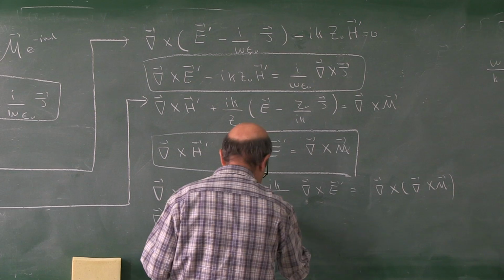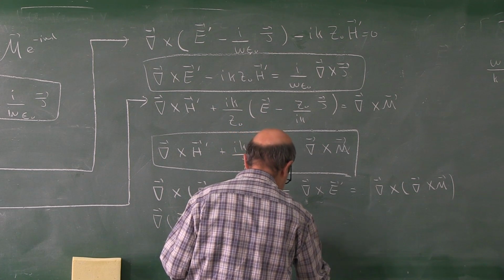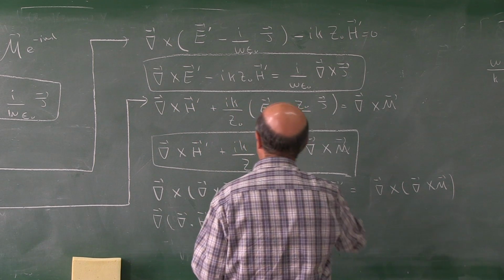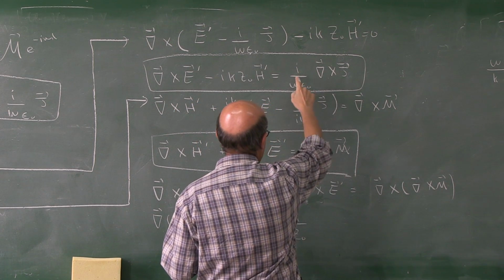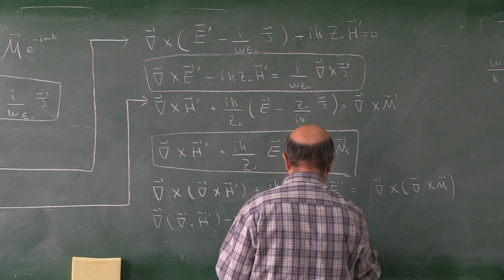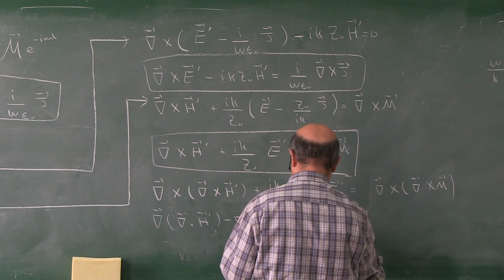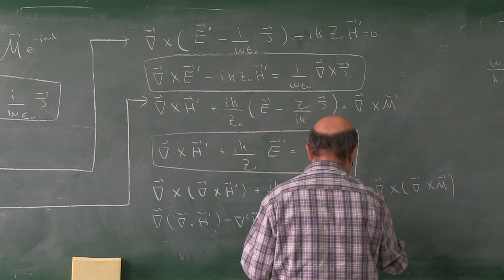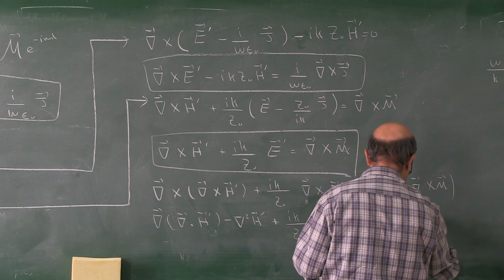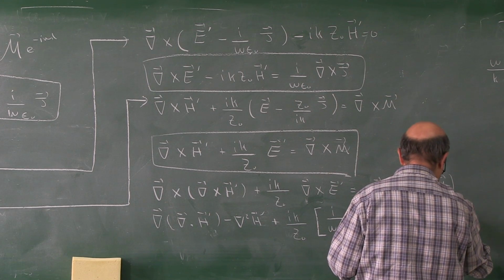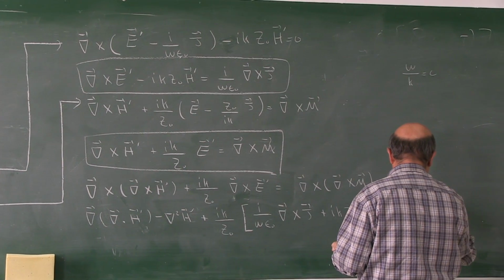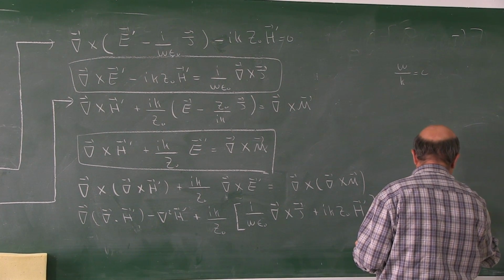So here you have ik over Z0 curl of E prime. Above, we picked up the curl of E prime. So that would be what? i over omega epsilon 0 curl of J. Take this to the right hand side, you will obtain i omega over epsilon 0 curl of J plus ik Z0 H prime equal to curl of magnetization.